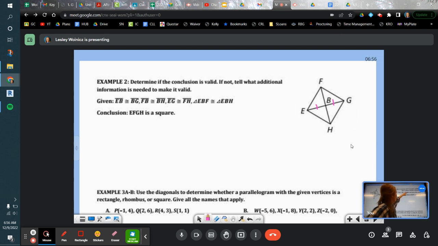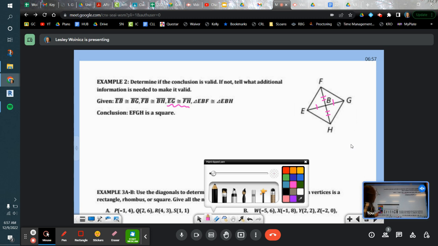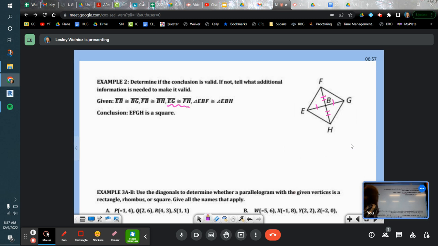Oh, see, I skipped over this one. That was my problem. I got those marked correctly, and then what I forgot was that EG, this one, is congruent to that one. Okay, so there are a couple of things that we need to talk about.